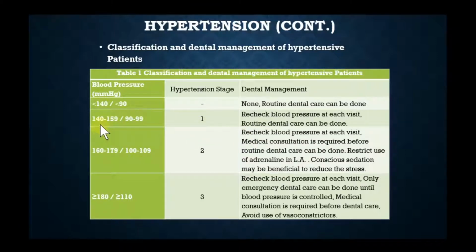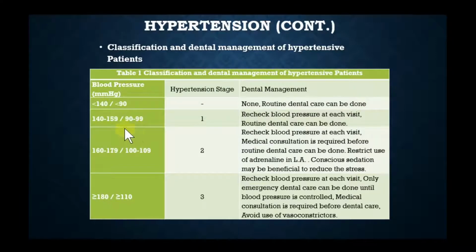For example, if we have patients who have a systolic pressure between 140 to 159 or a diastolic pressure between 90 to 99, these patients fall within the stage 1 hypertensive stage. For such patients, we need to recheck the blood pressure at each visit, and routine dental care can be done. If the patients have a blood pressure less than these numbers, then nothing needs to be checked and routine dental care can be done straightforwardly.